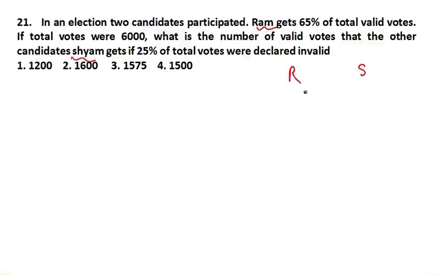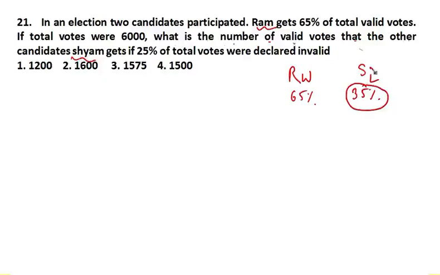Let me explain in pictorial form. This is Ram and this is Shyam. Ram gets 65% of the valid vote, which means Shyam got 35%. Ram is the winner and Shyam is the loser. The total vote is 6000. It is asking what is the number of valid votes that the other candidate Shyam got.